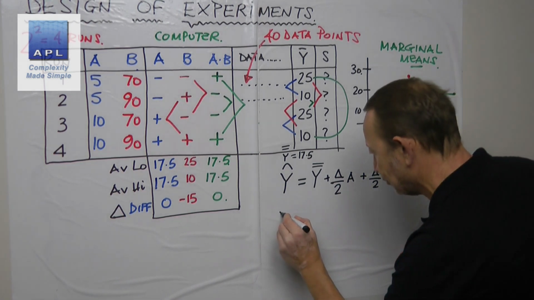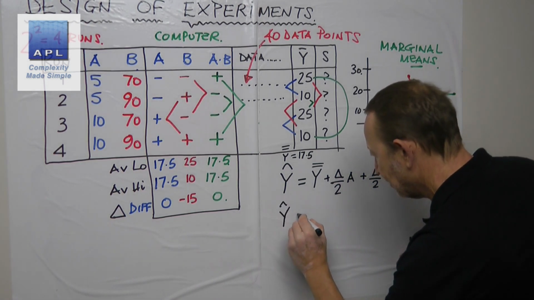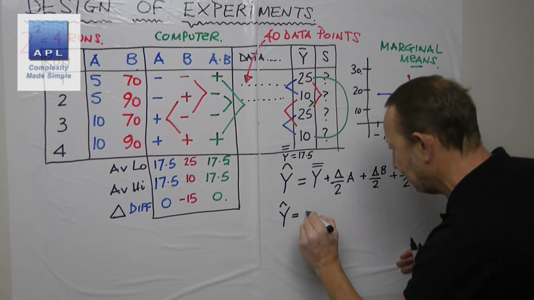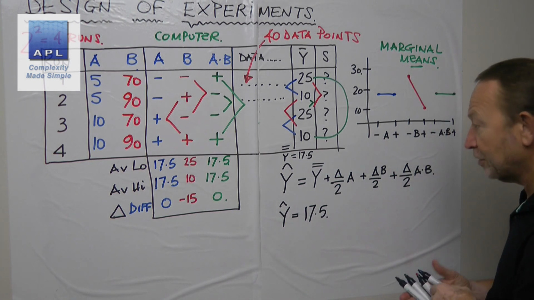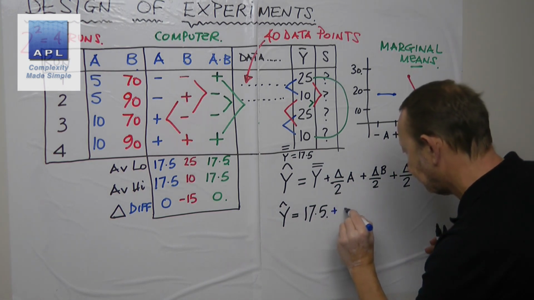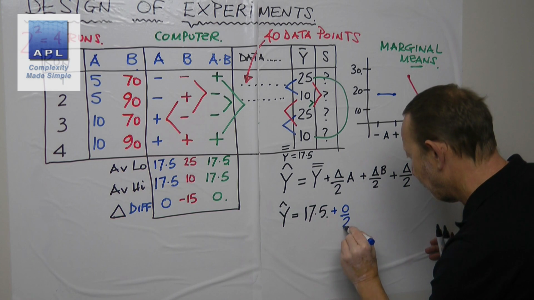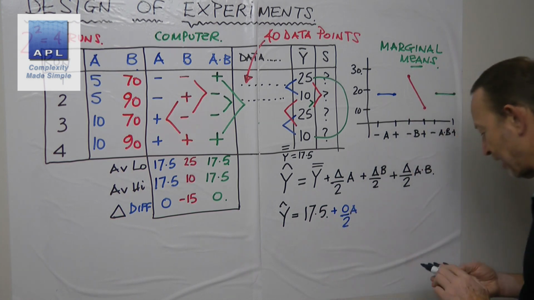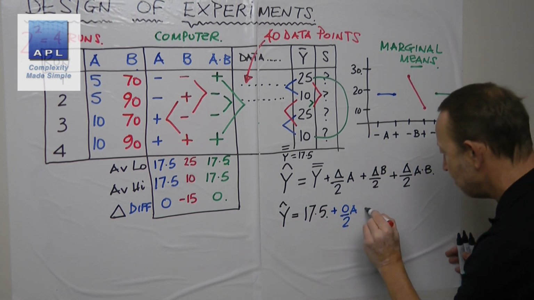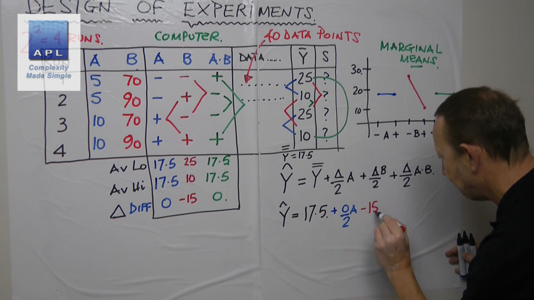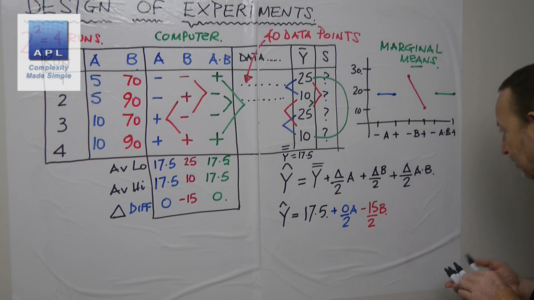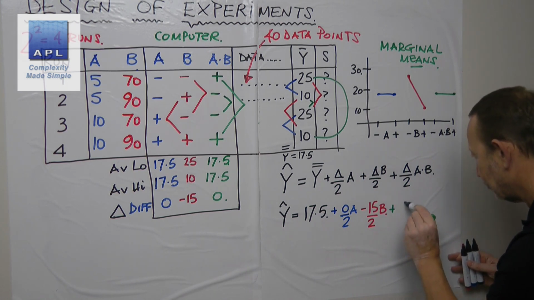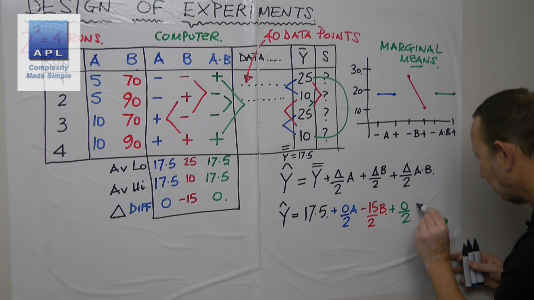So it goes like this: Y hat equals the grand mean 17.5 plus 0 over 2 for A minus 15 over 2 for B plus 0 over 2 for AB.